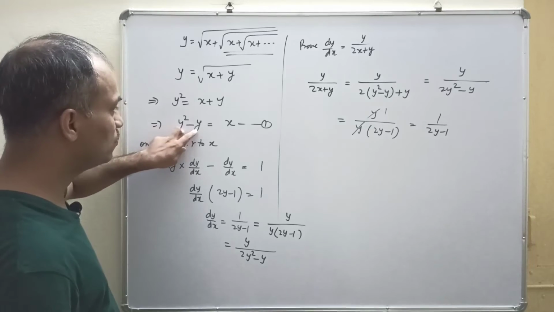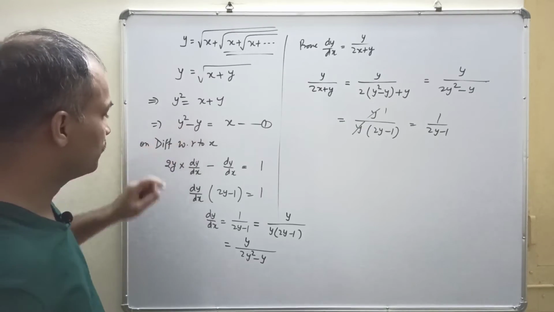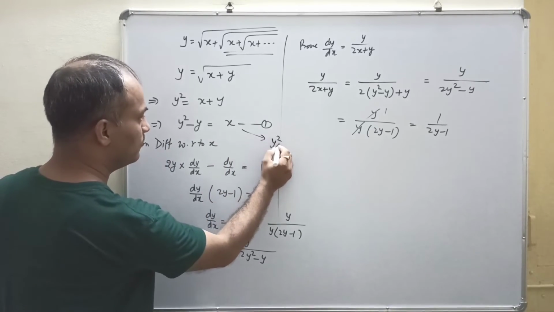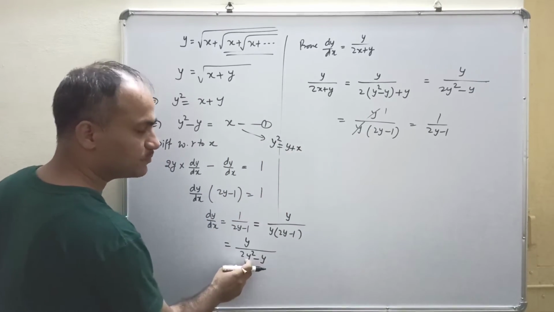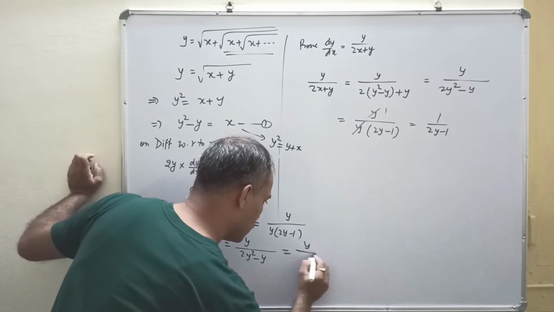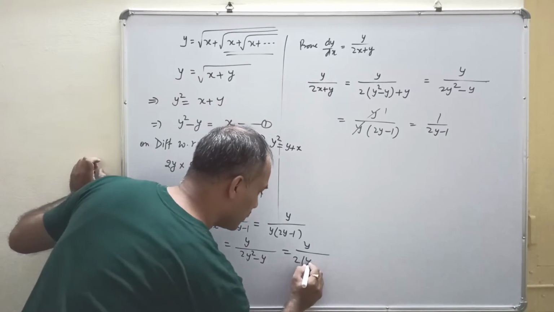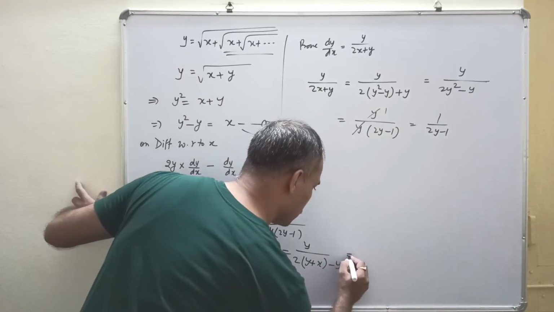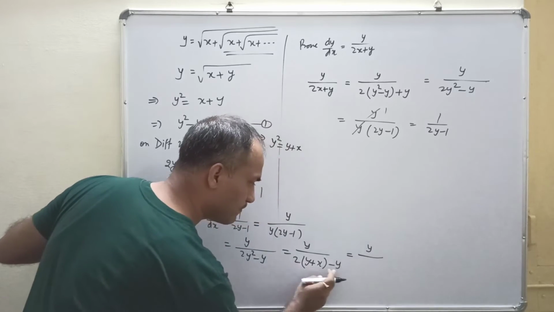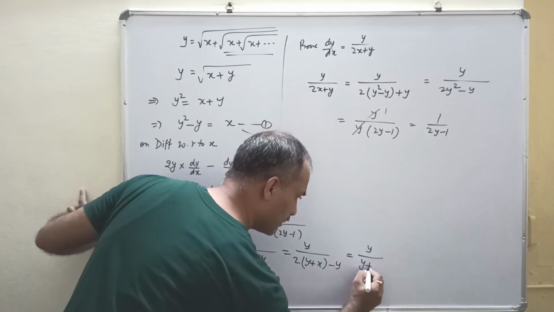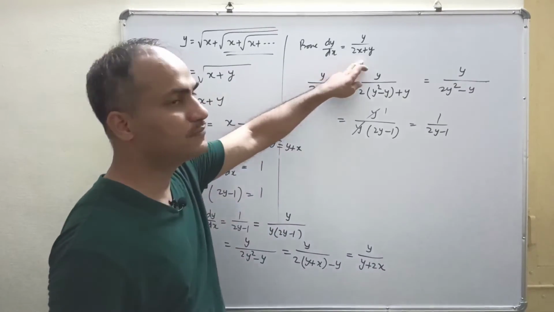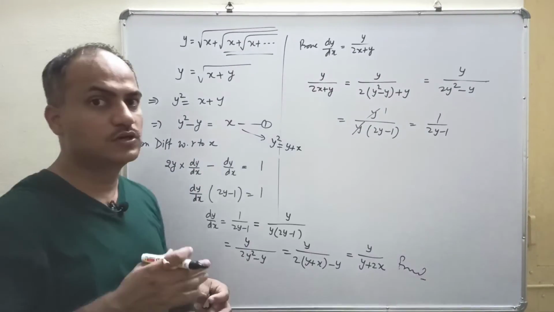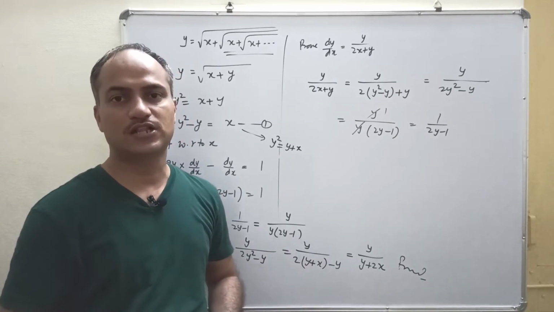So anyhow we have to use this formula to put the values. From here y square will be equal to y plus x. So let us put the value. 2 times (y plus x) minus y. Now further simplify, you get y upon 2y minus y, which is simply y, plus 2x. Okay, the same term which was given. Clear? If you are thinking, then certainly you will get the solution.